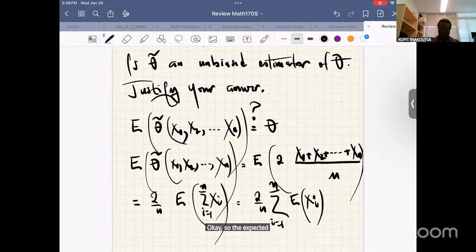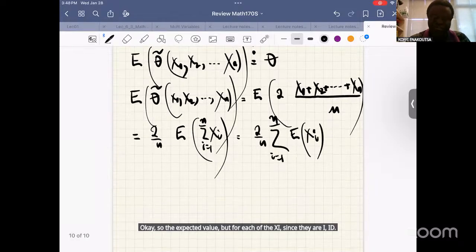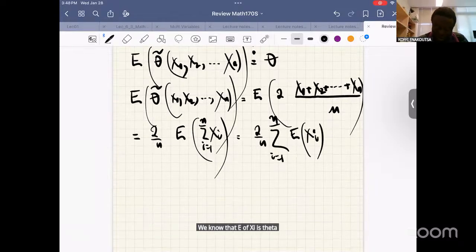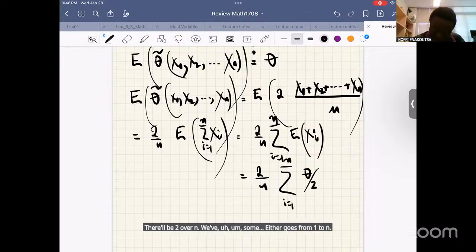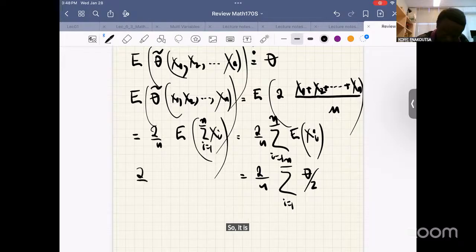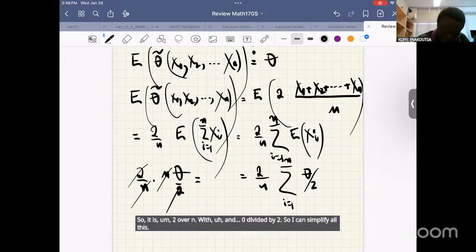For each of the xi, since they are iid, we know that E of xi is theta divided by 2 each time. So that will be 2 over n with sum i that goes from 1 to n, theta divided by 2. So it is 2 over n with n theta divided by 2. So I can simplify all this and I'll get theta.